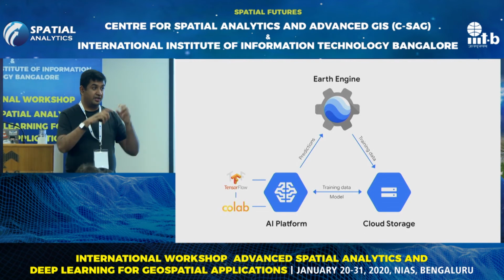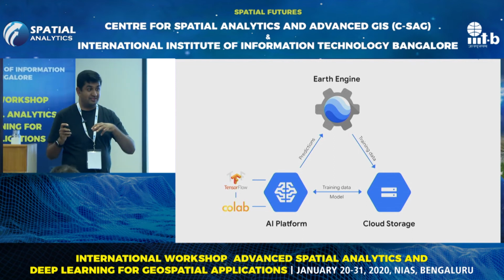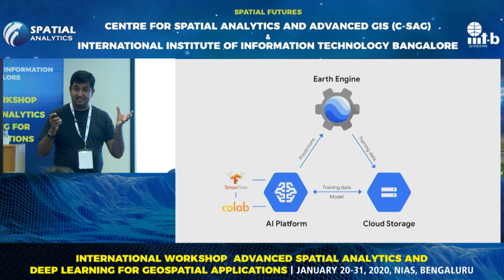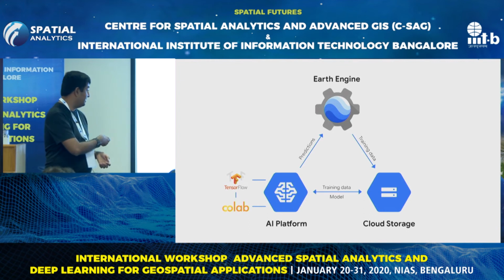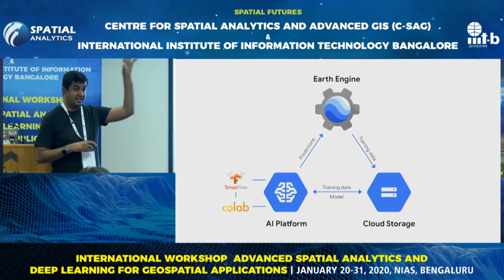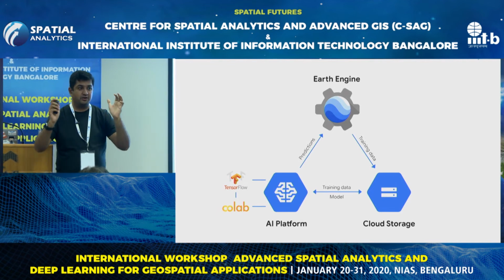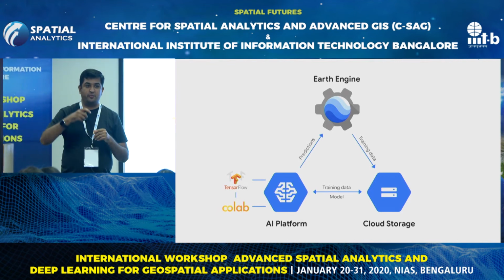With Earth Engine, you can extract your training data as training sets, use that in our Google AI Platform, and say, train my model using all this data that I've extracted from Earth Engine. Once your model is ready, you can refer to that model using Google Earth Engine and say, use this model and now predict.